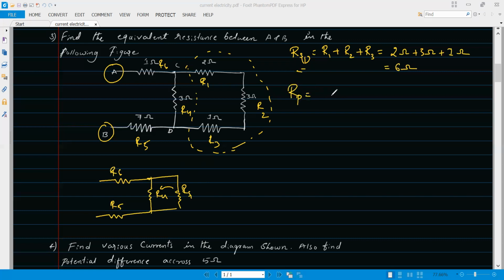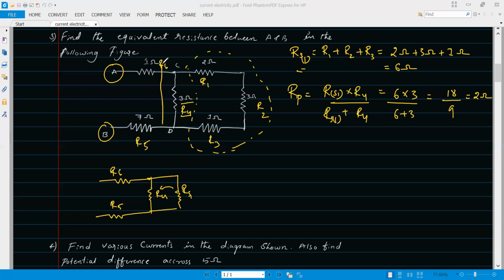Rp is equal to RS1 into R4 divided by RS1 plus R4. RS1 is 6 and R4 is 3, so 6 into 3 divided by 6 plus 3. 6 into 3 is 18 divided by 9. Therefore this is going to be 2 ohm. So now this part is gone, and these parts together become one.